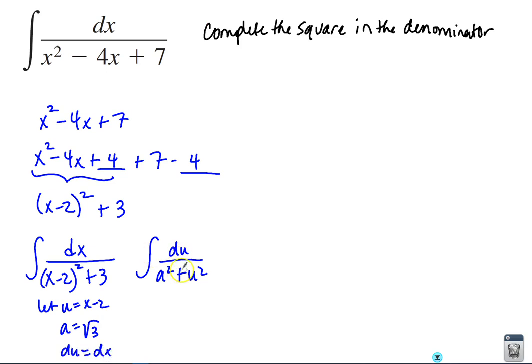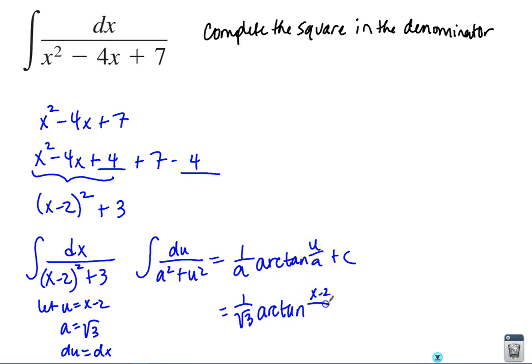So if I know that this is going to turn into 1 over a arc tan u over a plus c, plugging in the numbers that I have from over here, 1 over root 3 arc tan, u is x minus 2, so x minus 2 all over root 3 plus c.